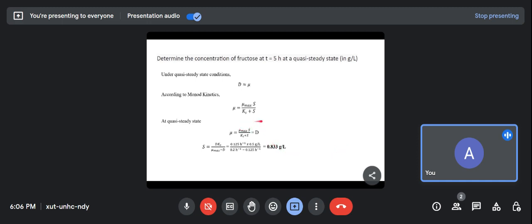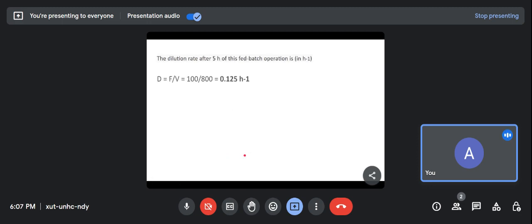If you rearrange the equation D equals mu max S by Ks plus S so that you get S out, you will get the formula S equals D Ks by mu max minus D. So you can just input the values, which is 0.125 per hour times 0.5 gram per liter, which is the Ks, divided by mu max, which is 0.2 per hour, minus 0.125 per hour, which is D that you have just found out here.